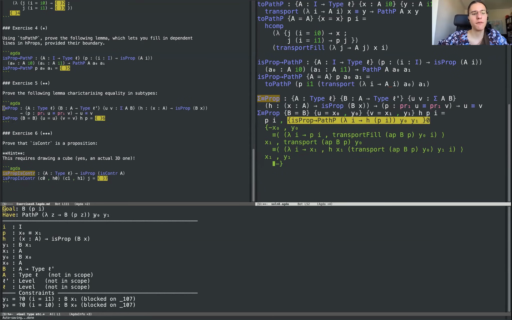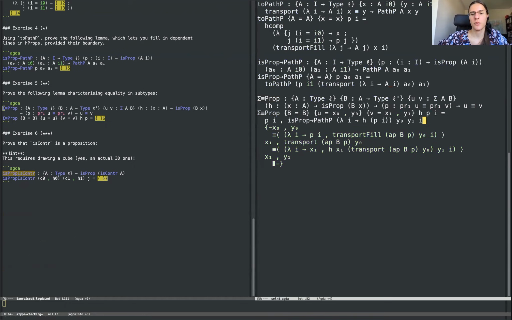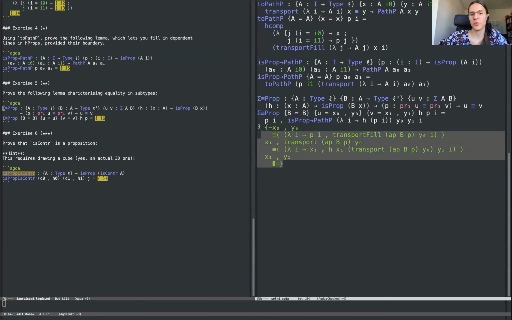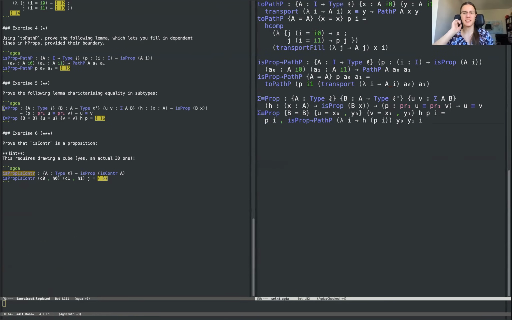And then I get a path P from Y naught to Y1. And look, no metas, that type is already filled in. So what I do is then I put an I here. And that works as well. So all of these solutions work. I actually like the third solution best. That's the most elegant solution of the bunch.